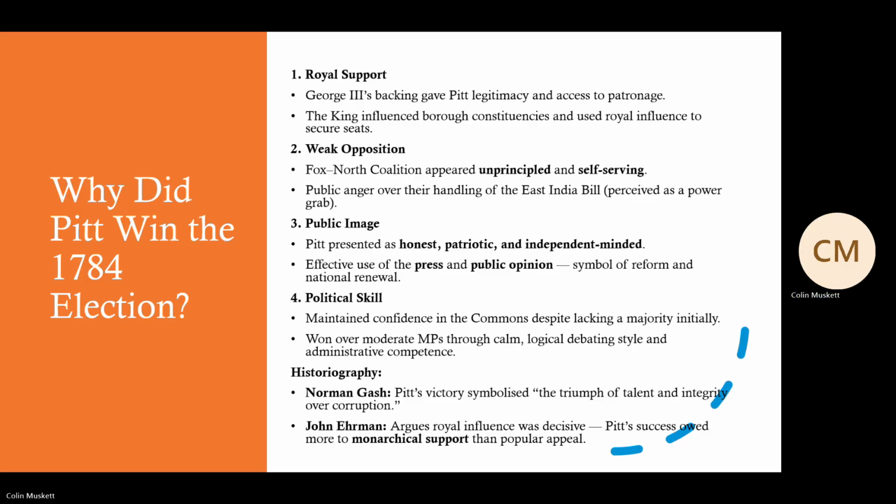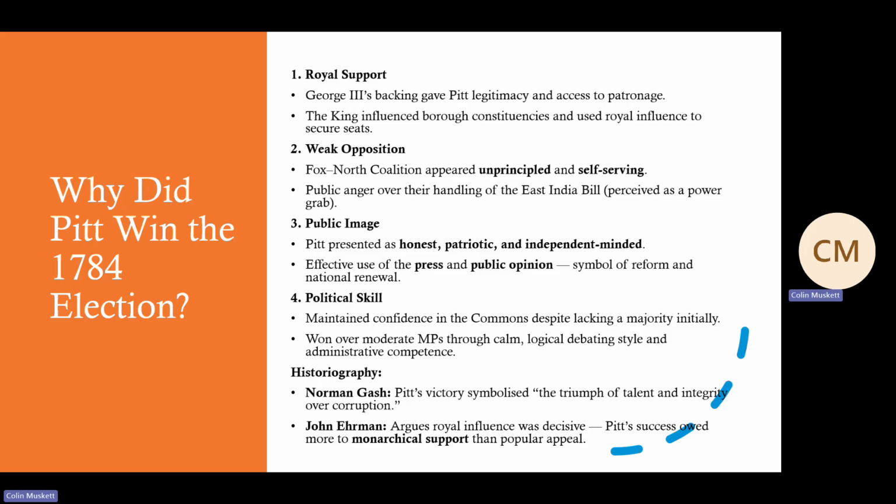But what Pitt had, of course, was he was a real intellect. Politically he was very skillful, and he was able to win over many moderate MPs. And of course, what happens as a result of that?